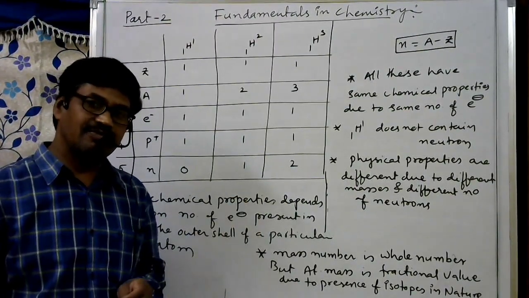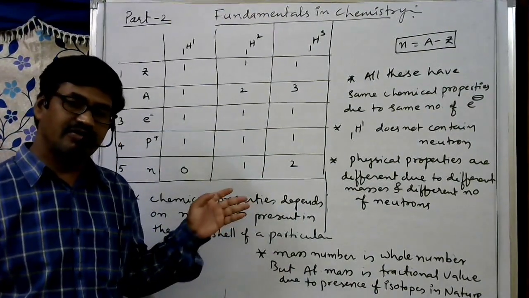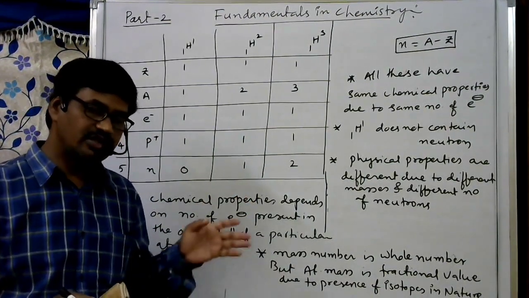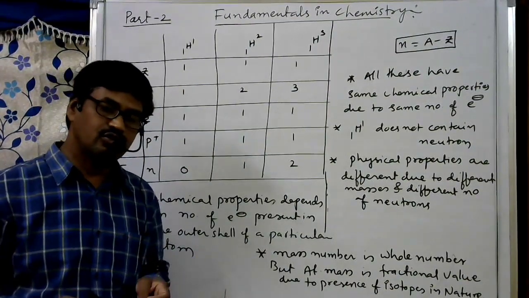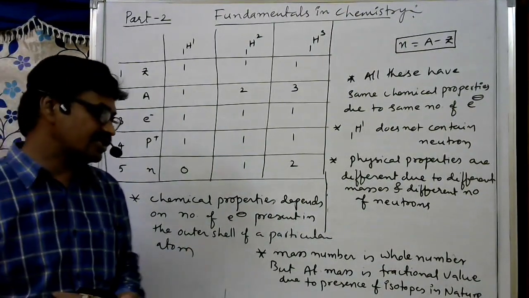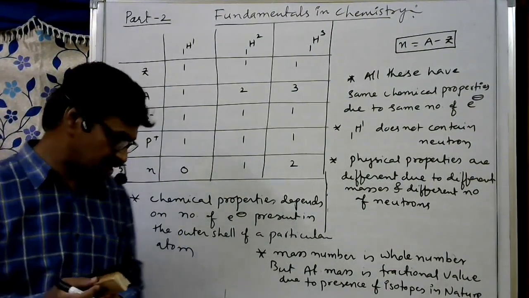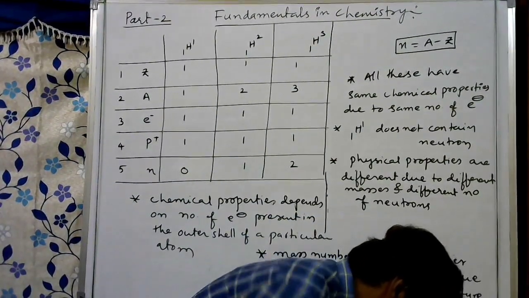Sometimes 35.5, sometimes 63.5, like that. So why do those atoms get fractional values? Because they have different isotopes in nature. Based on their isotopic masses, we can sometimes get a fractional value.